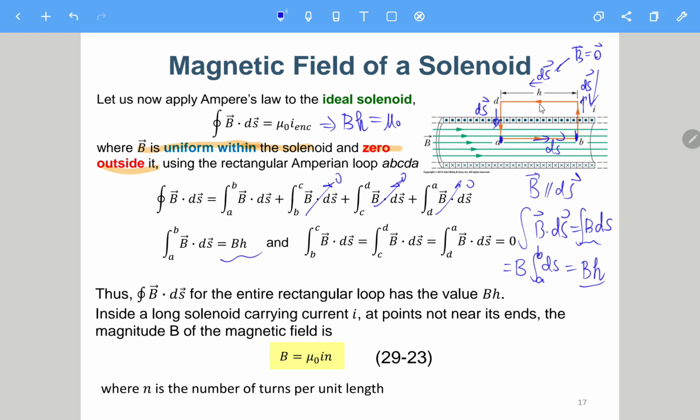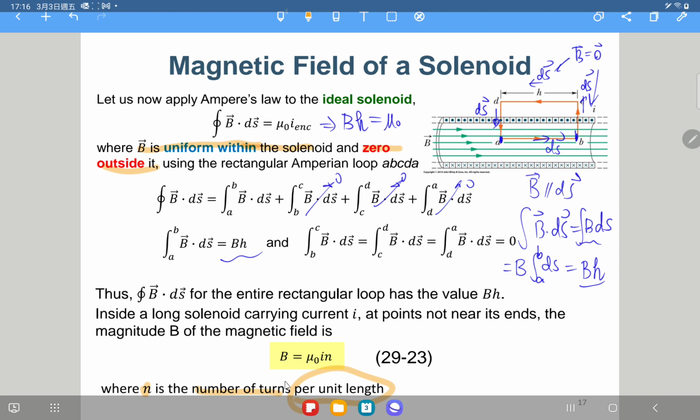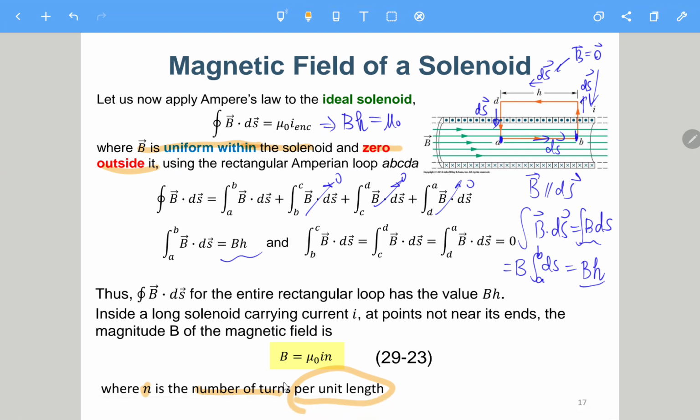So we need to introduce another term called the number of turns per unit length. Here n is the number of turns per unit length. Be careful: I have already mentioned that in these two or three chapters, we sometimes have a capital N, which means the number of turns.